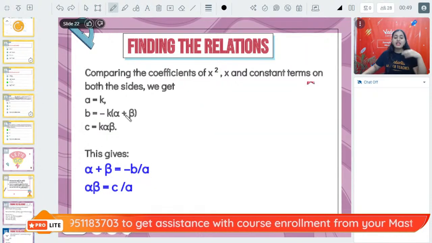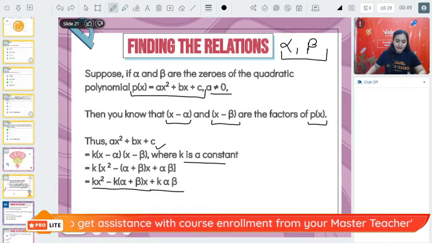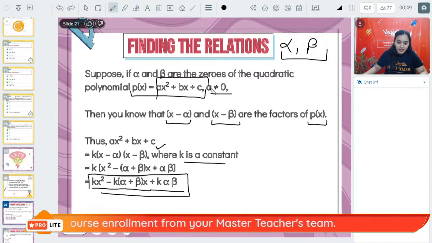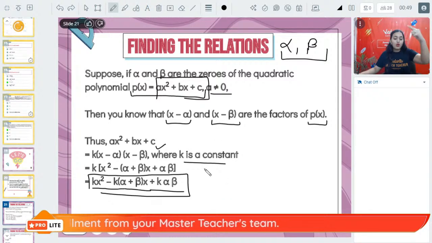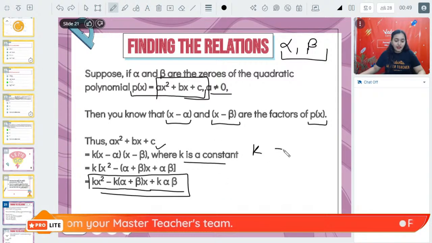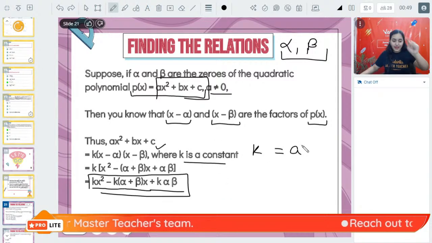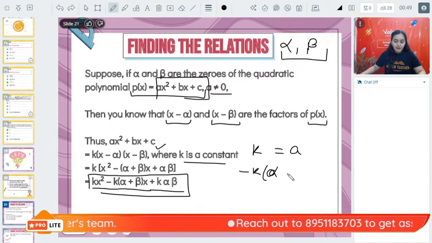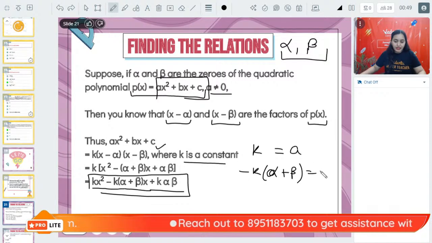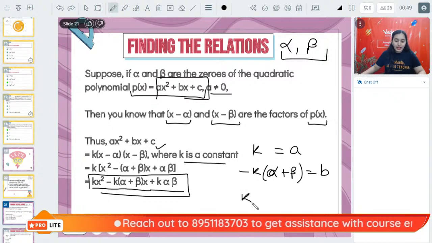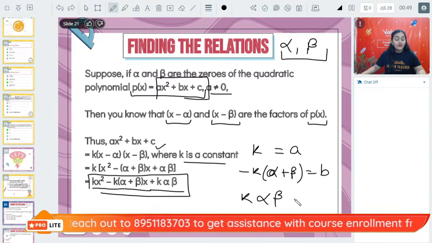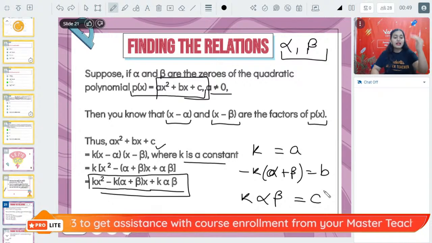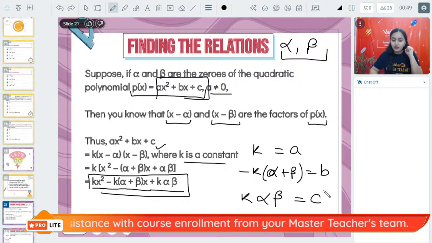Now if I compare this equation with the earlier one, I can correlate that k is in the place of a, minus k into alpha plus beta is in the place of b, and k into alpha beta is in the place of c. So I am able to correlate both the equations, right?